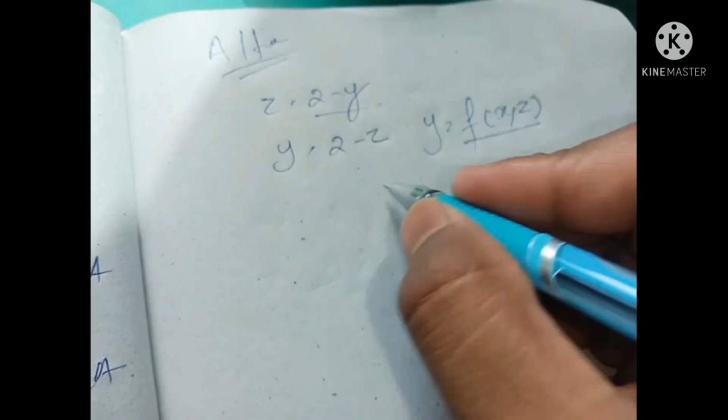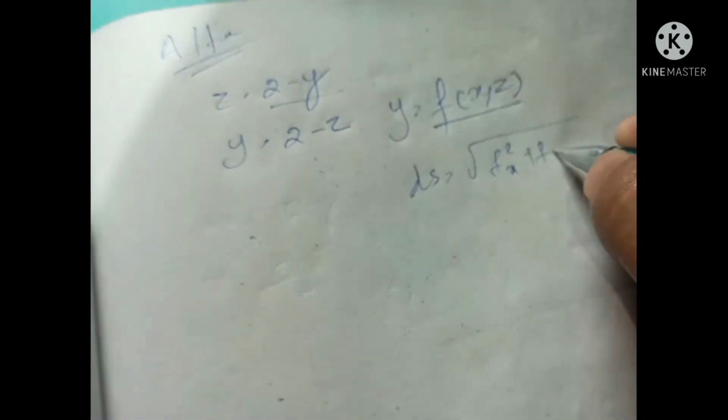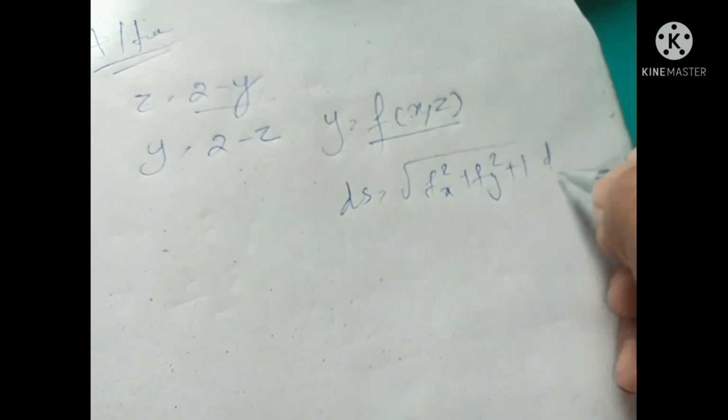So for ds, we know it is the square root of fx squared plus fy squared plus 1 dA.